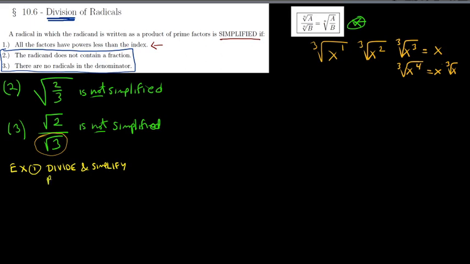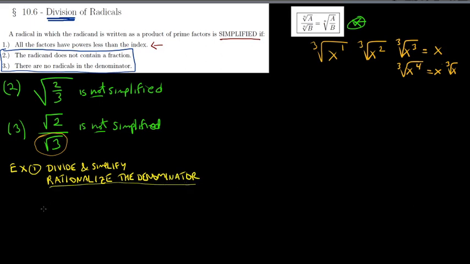The directions in the book are also going to say the following: we want to rationalize the denominator. And once we do that, rule 2 and rule 3 will be satisfied. So, rationalize the denominator.